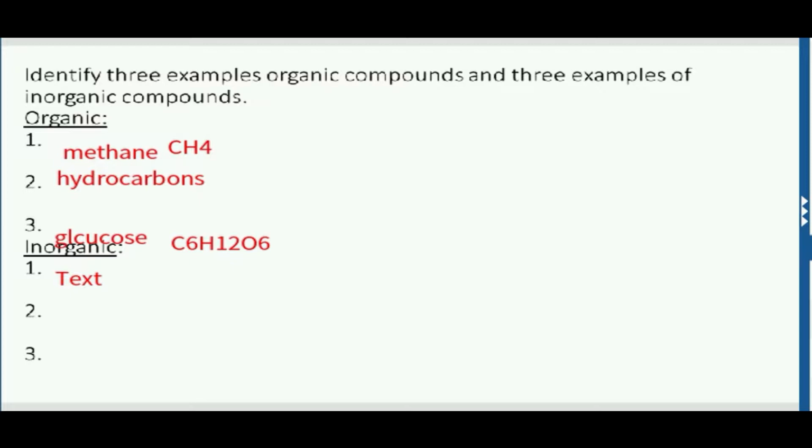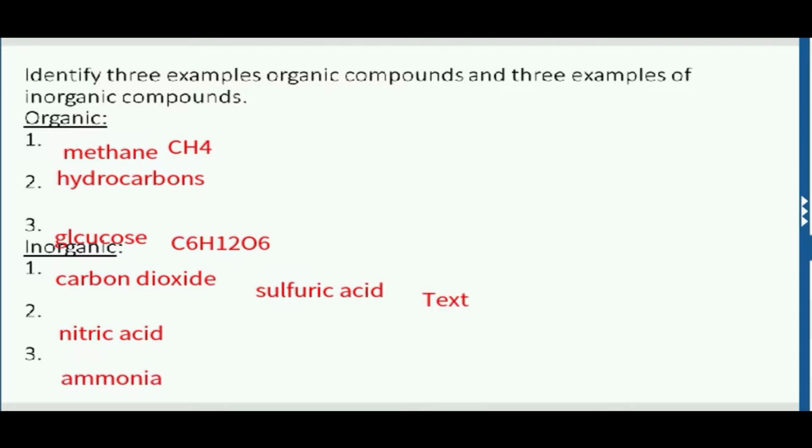Inorganic things are things that are not carbon based, except carbon dioxide is sometimes considered inorganic. That's kind of a bad example. Instead of that, you could say sulfuric acid, and then the third one could be ammonia.